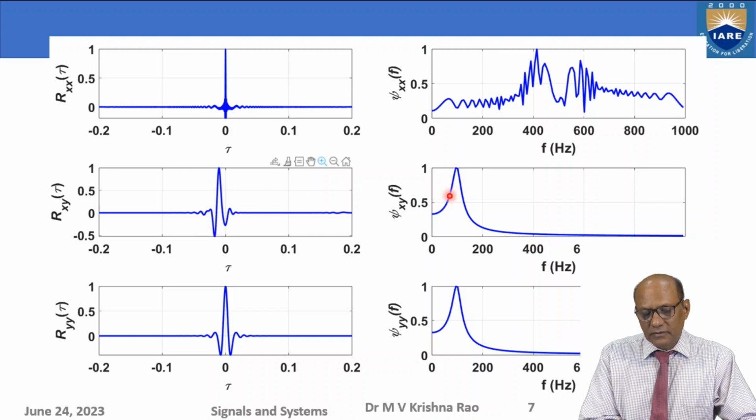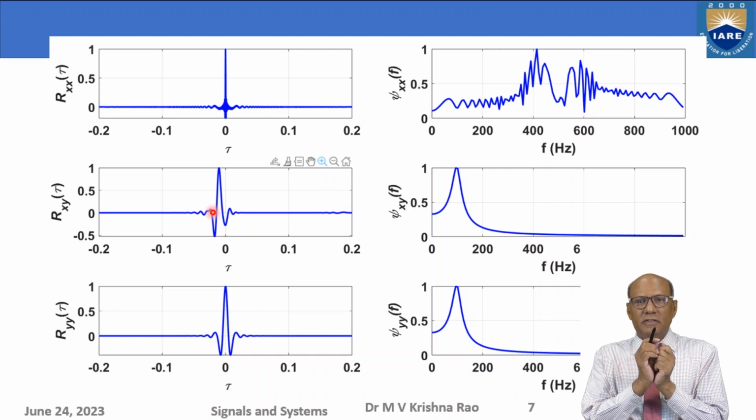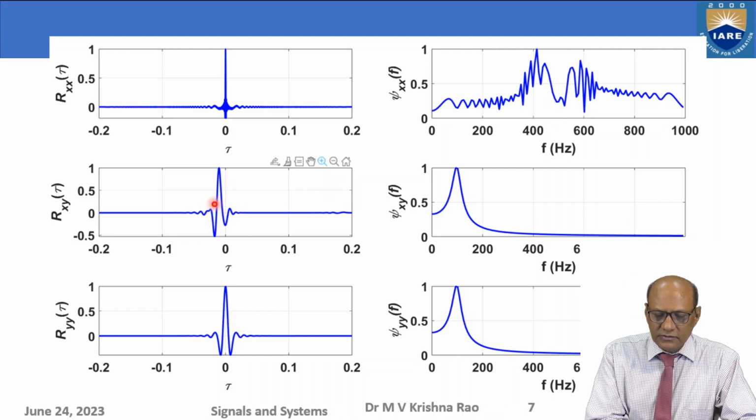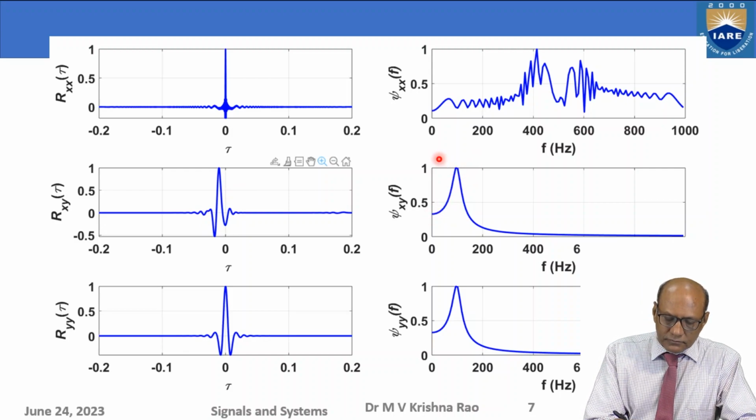Because this frequency is almost the same, it is a very narrow band. These frequencies are almost the same, around the center frequency, with very small bandwidth. So this reflects here as a very narrow band.